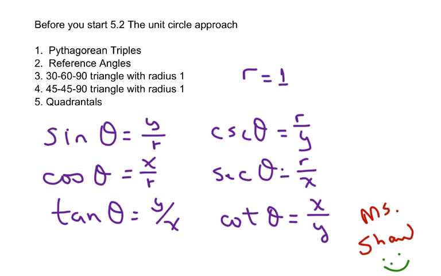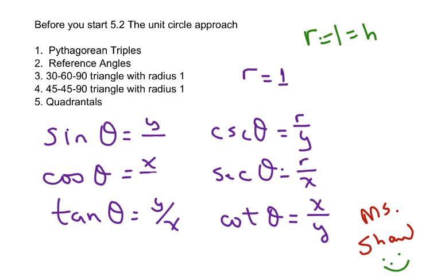Also, you need to know your trig ratios when the radius is 1. So the radius equals 1 just means that's going to be our hypotenuse. In this case, if our radius is 1, that means r is 1.